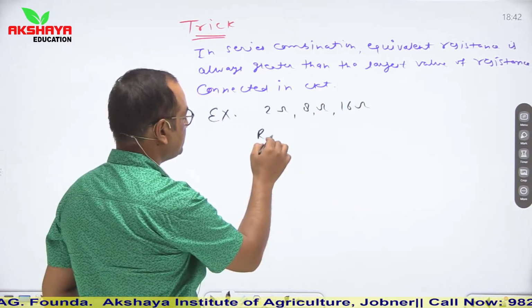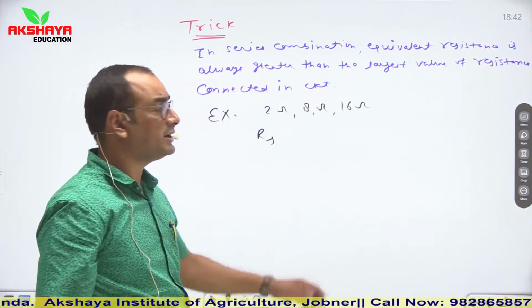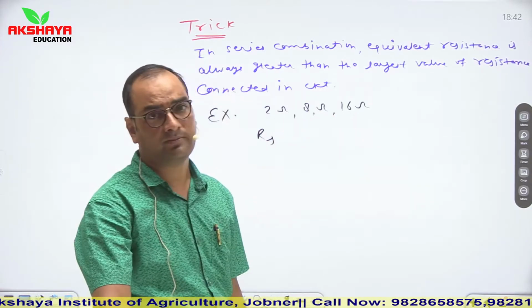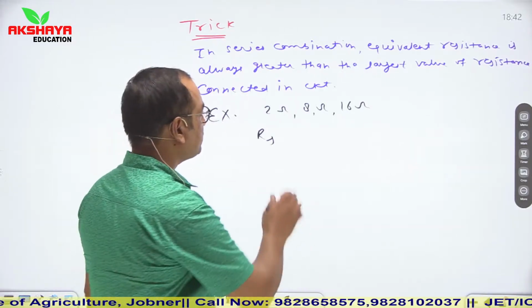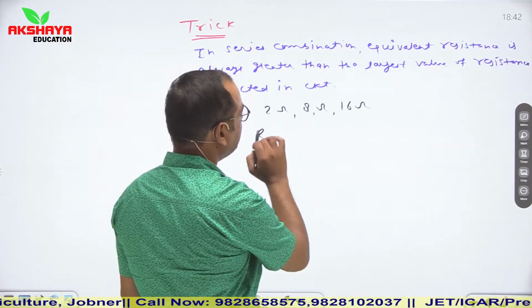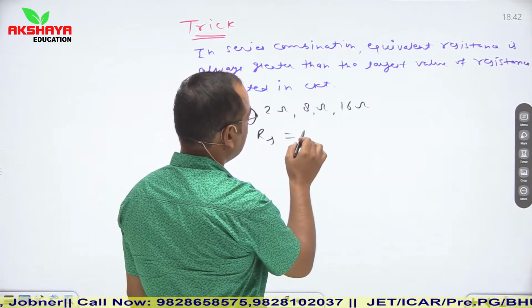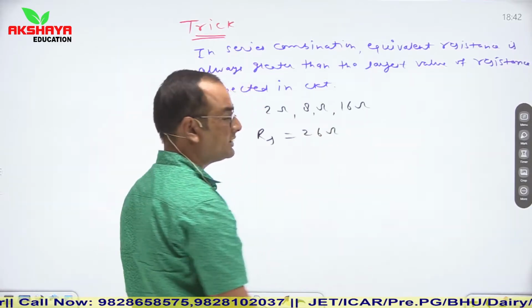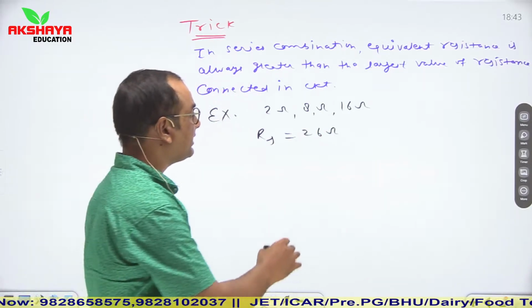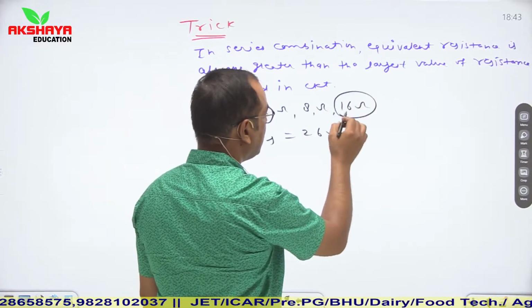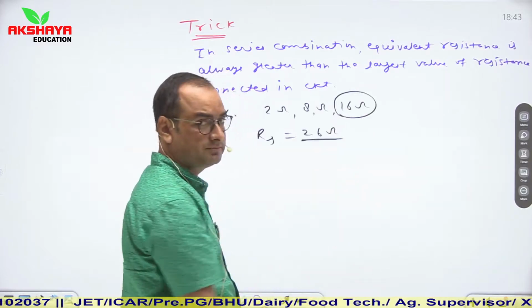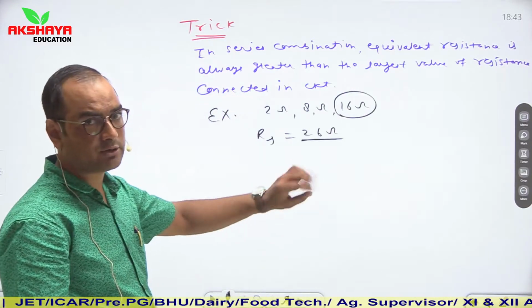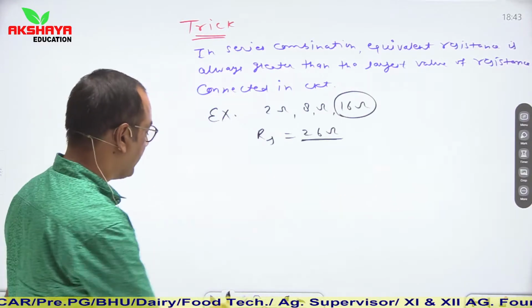Then the resultant is greater than 16 ohm, so you can pick that value from the MCQs directly. Here 2 plus 8 is 10, 10 plus 16 is 26 ohm. So this is the resultant in case of series combination. We can clearly see that 16 is the largest value connected in series combination and the resultant is greater than this value. So always keep this trick in mind.